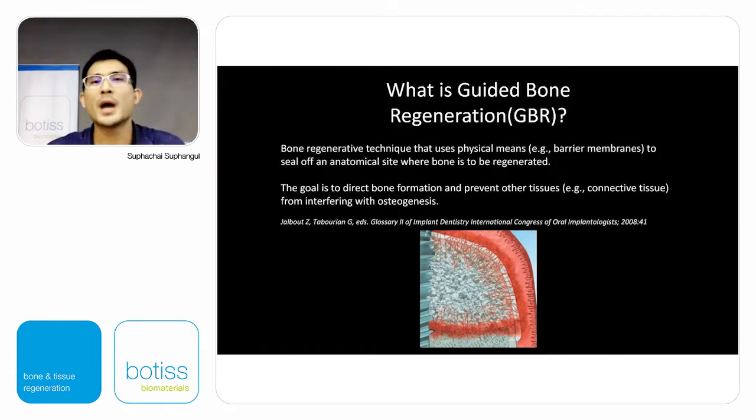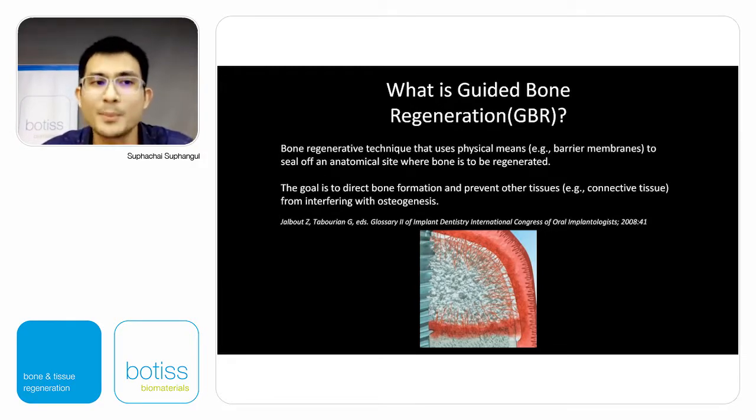First of all, we have to understand what guided bone regeneration is. Guided bone regeneration is a procedure in which we regenerate the bone by using a membrane to prevent the soft tissue from entering the bone tissue regeneration, because the healing rate of soft tissue and hard tissue is totally different.